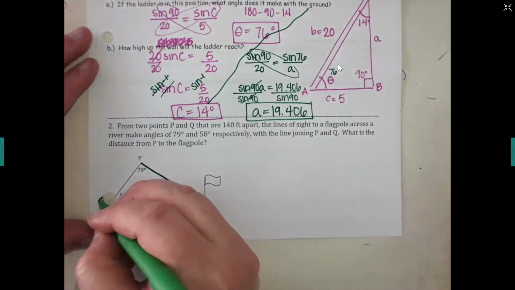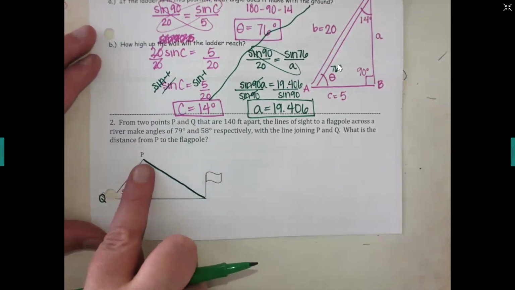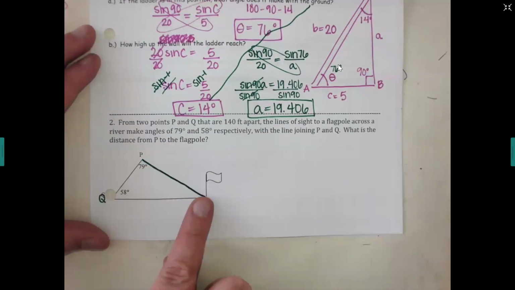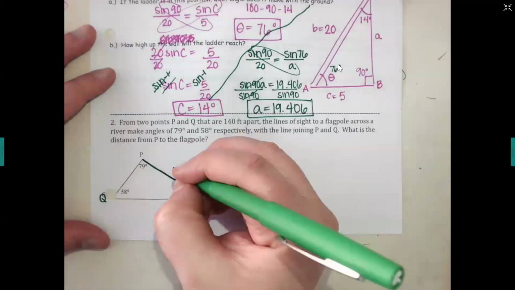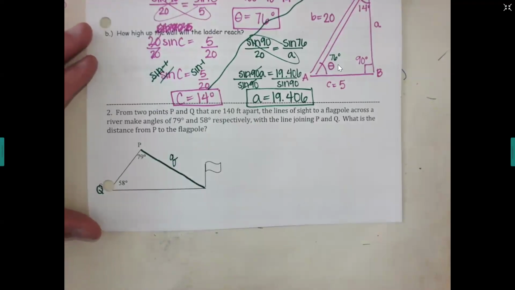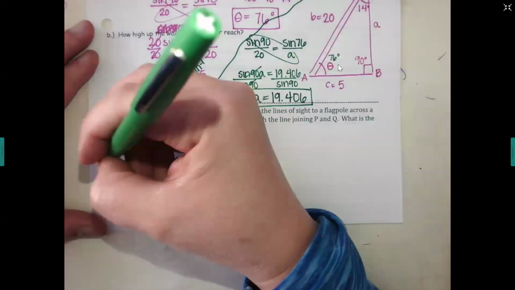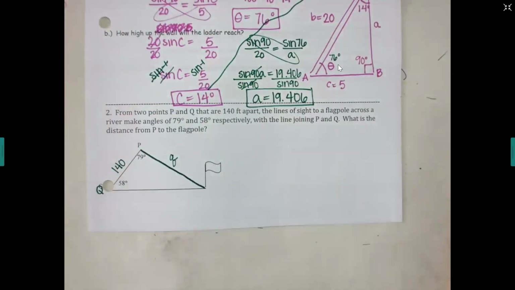If this is a capital Q, I know the hole punch kind of got it. What would that make this side? This is big Q. Across from it would be little q. Okay, then it does tell me in the question that the two points P and Q are 140 feet apart. So I'm going to go ahead and include that in my picture as well.